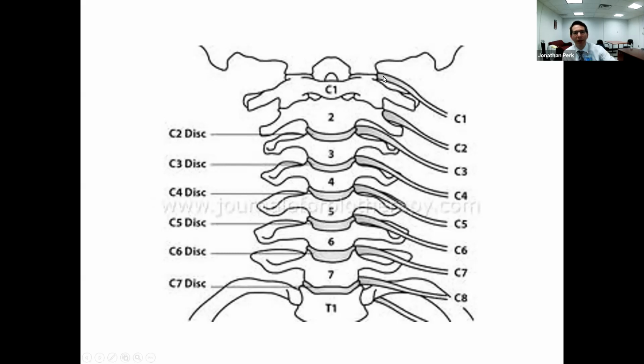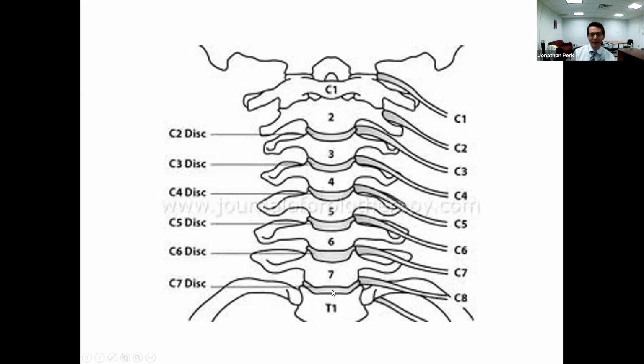The nerves are named corresponding to the vertebra below them. So each nerve is above the corresponding vertebra. So C1 root comes above C1 vertebra, C2 above C2, and so forth until we get to C8. Obviously, you remember that mammals, whether you're a whale or a giraffe or a gorilla, it doesn't matter, there are only 7 vertebrae. So C8 comes above T1, right?